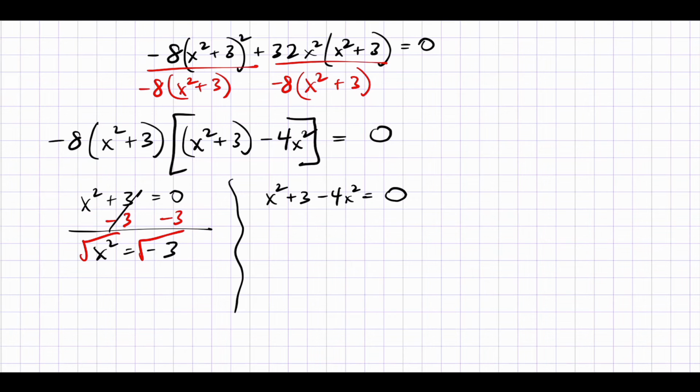So one answer is going to be imaginary, so I'm not worried about that one. This guy is going to give me an answer, though. So let's go. -3x squared plus 3 equals 0. Subtract 3 from both sides.